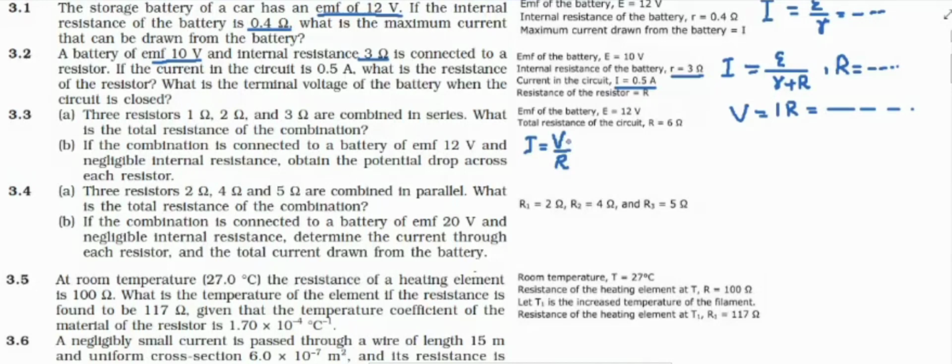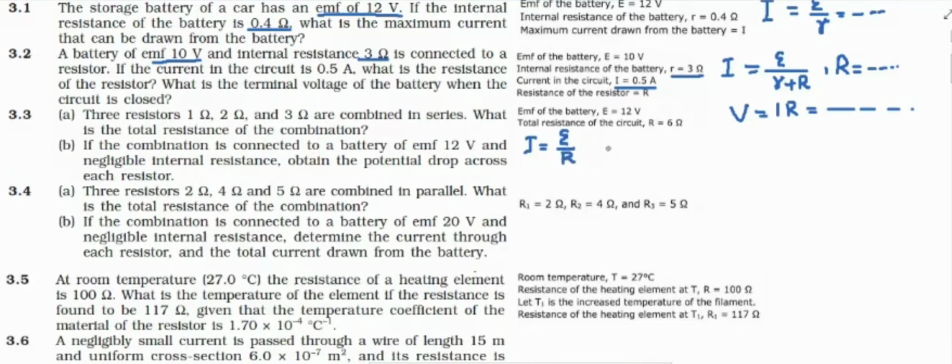12 volt battery is used. So V you can take as 12 volt, or we can say it is epsilon divided by capital R. Epsilon is given, 12 volt.